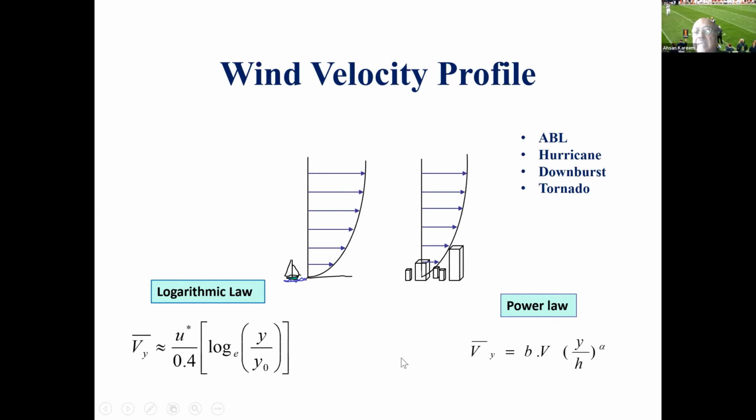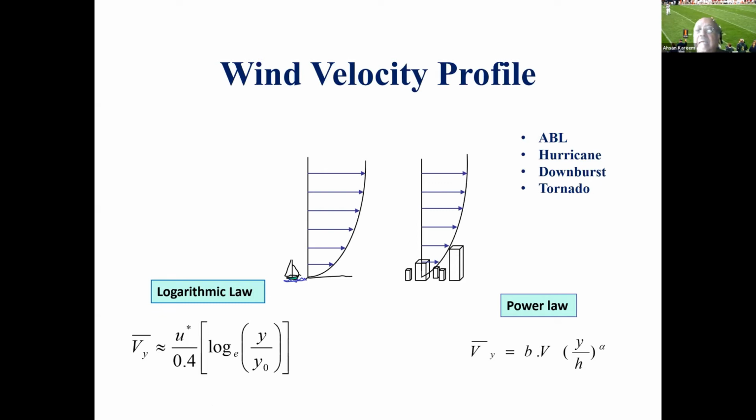So the designers like to use a power law, which is more convenient because you don't have a log in there. This is the most popularly used profile description, where alpha, if it is very small, represents more open country conditions. And if alpha becomes like 0.35 or 0.4, it becomes more like an urban condition. Now, this is for the atmospheric boundary layer situation.